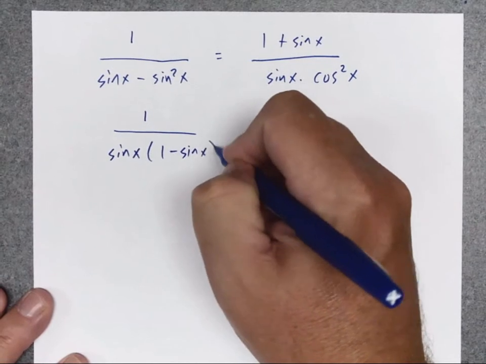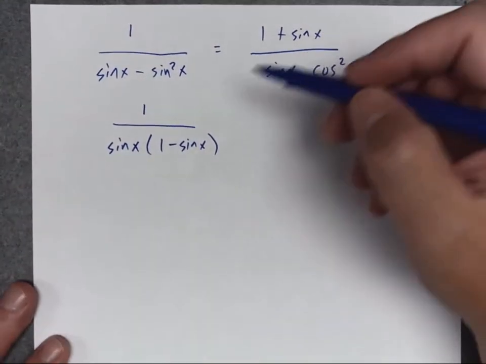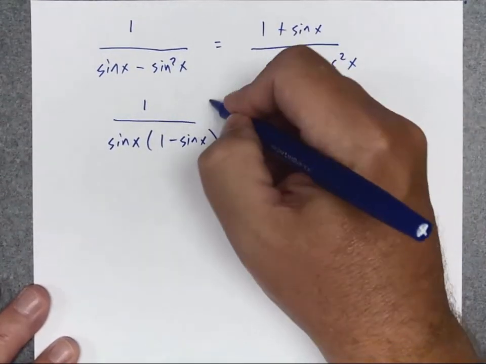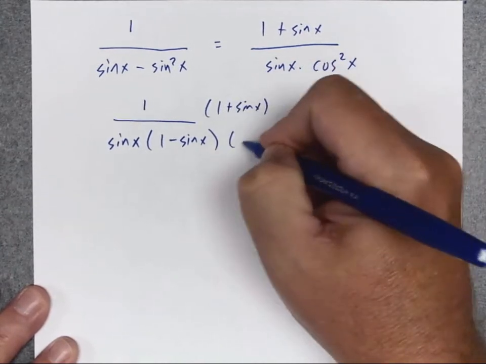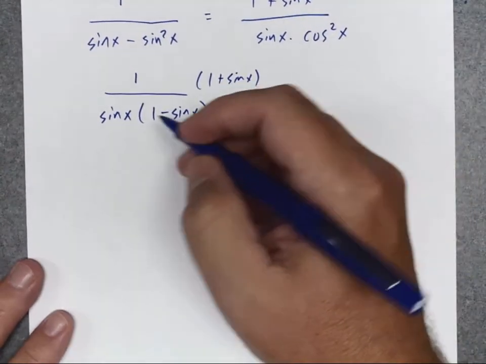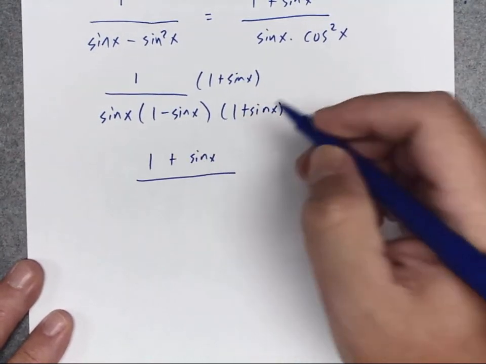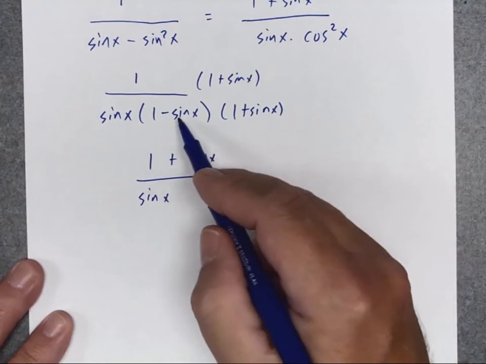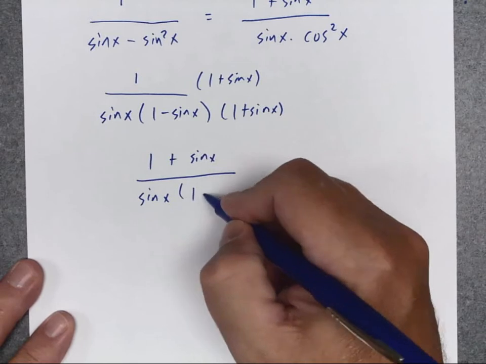And then what I'm going to do is what I did on the last problem. When I have 1 minus sine of x, sometimes it helps if you multiply top and the bottom by the conjugate. So then I end up with 1 plus sine x in the top. And in the bottom, I'm going to have the sine x here. And once again, when you multiply these conjugates, if you FOIL it out, you end up with 1 minus sine squared x.